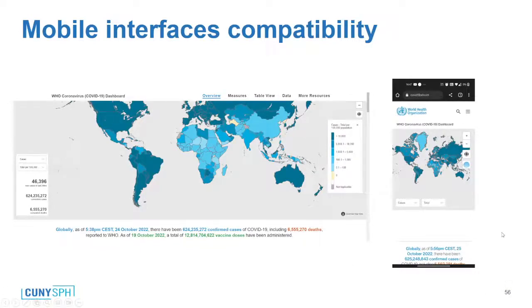But yes, we need to test our interfaces and how the mobile compatibility is going to be. Most of the exploration of the web and the information in the world nowadays is being done by mobile devices, not by desktops or big screens or double screens that we have sometimes in our offices.